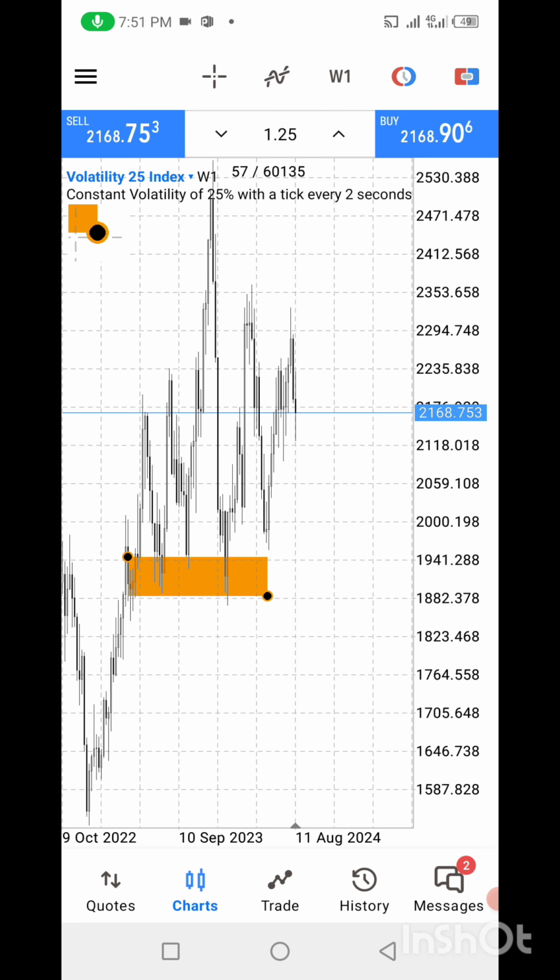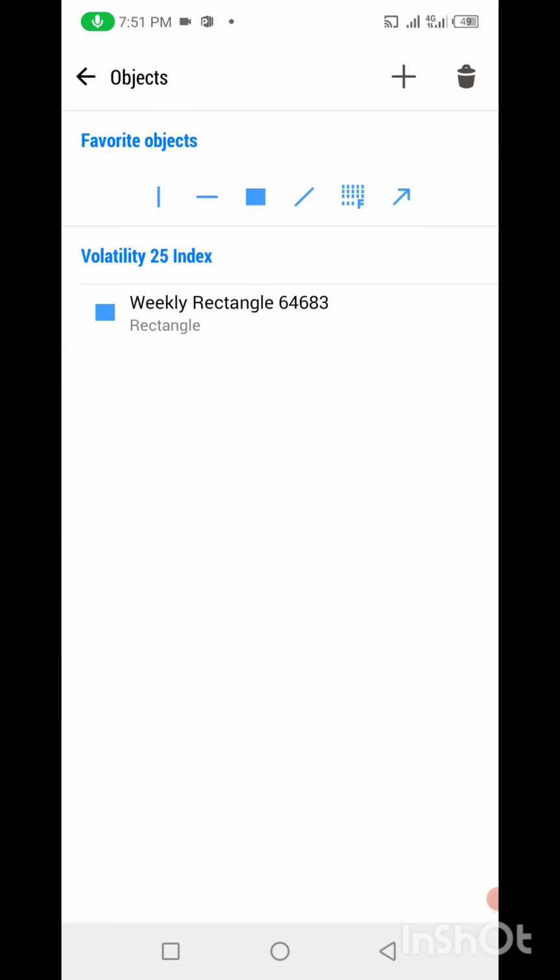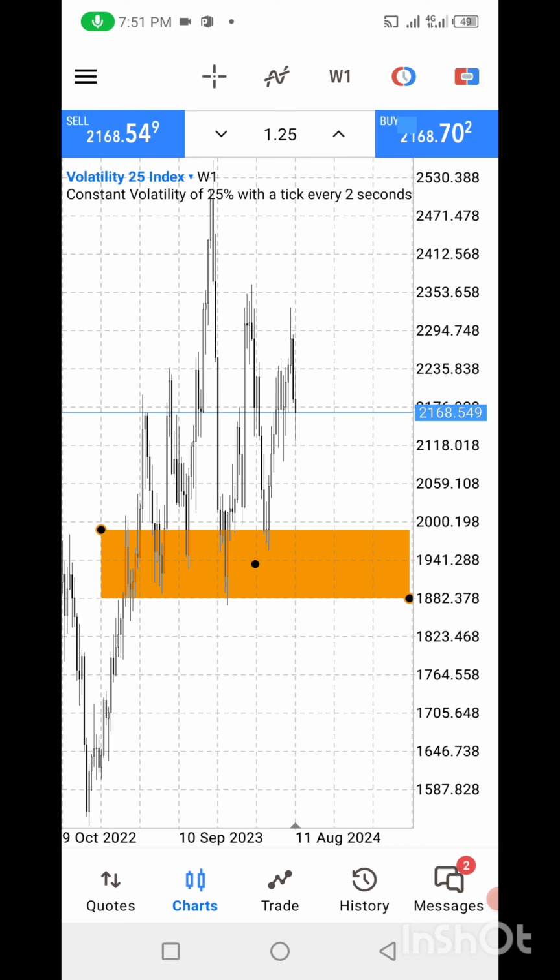This is our support here, and you have to mark it with a zone. And then we have this area, which is a resistance.